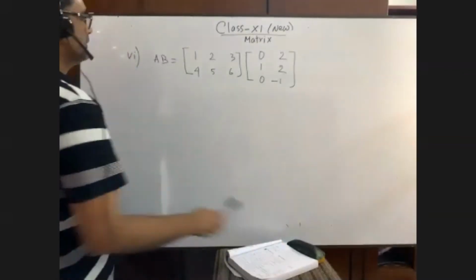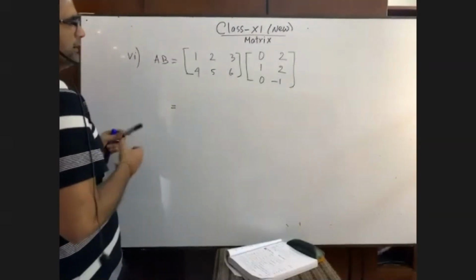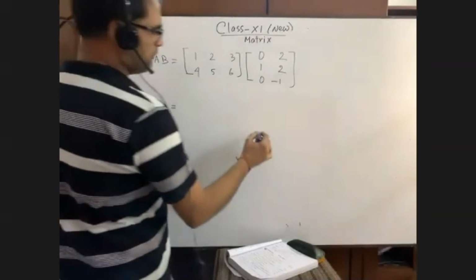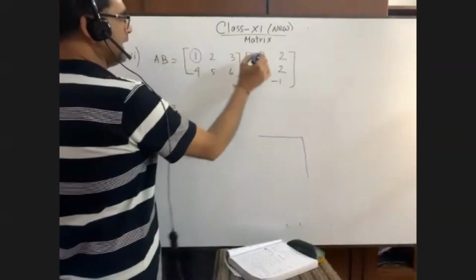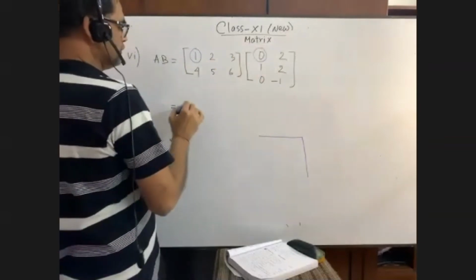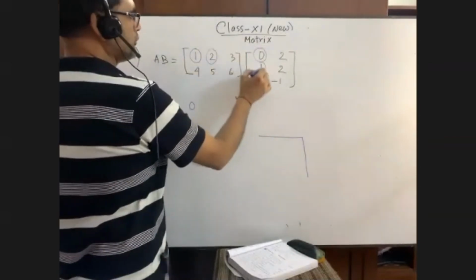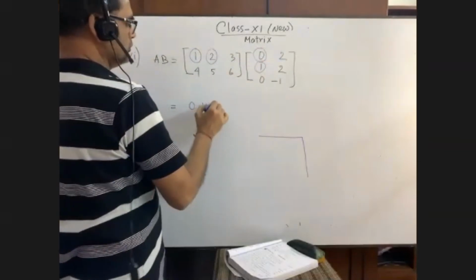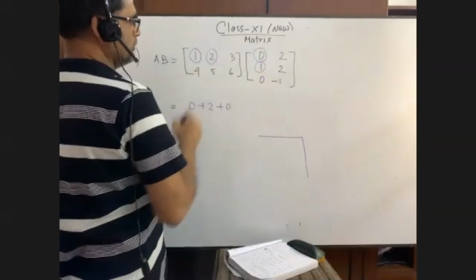What will I do? You see, as I told you, this way. So this is 1 and this is 0. 1 into 0, 0. 2 into 1 equals to what? 2. 3 into 0 equals to what? 0. Okay.